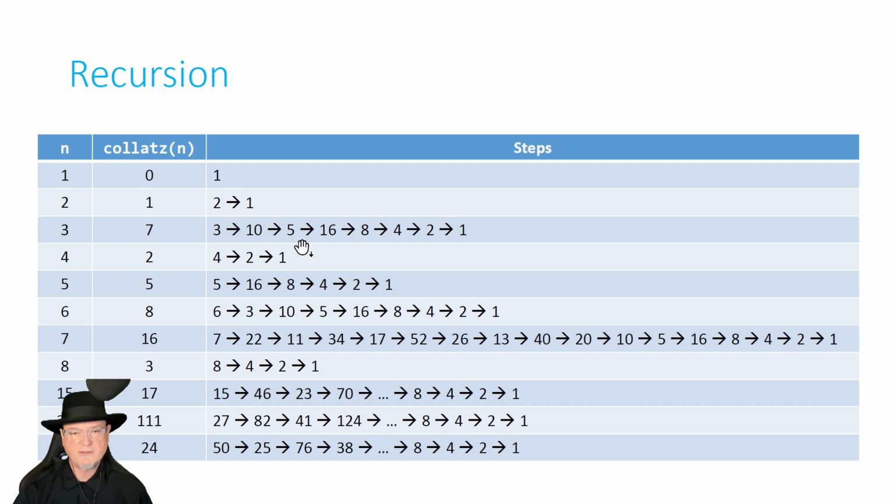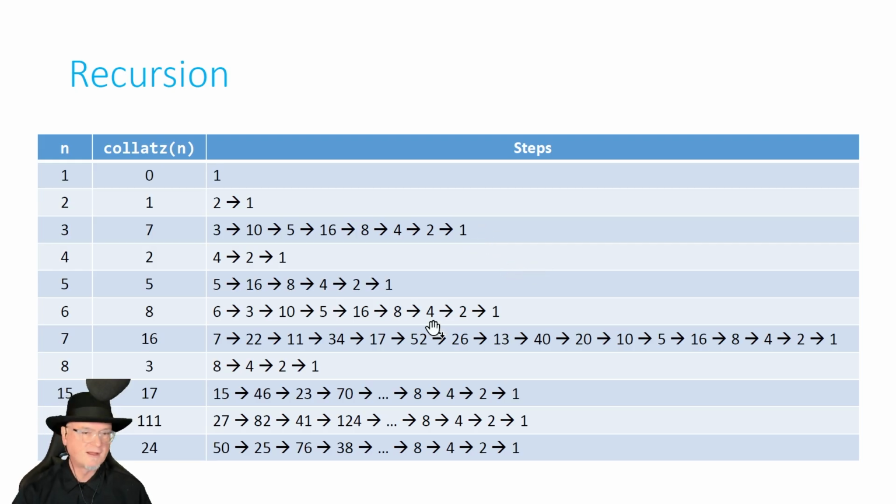We multiply it by 3 and add 1. That's 16. 16 is not 1. It's even. We divide it by 2. That's 8. 8 is not 1. It's even. We divide it by 2. It's 4. 4 is not 1. It's even. We divide it by 2. It's 2. And so forth. We end up with 1.